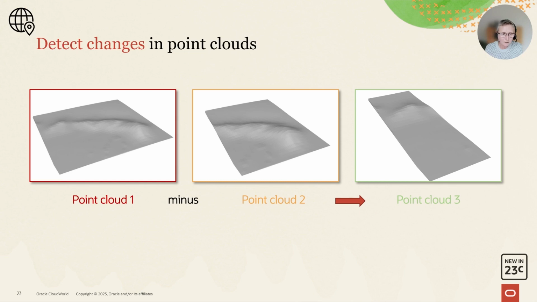So again, the point cloud on the left side represents a landscape. The point cloud in the middle represents about 2/3 of the point cloud on the left side. And the result of the difference operation is actually the remaining part of the first point cloud seen from the left side.